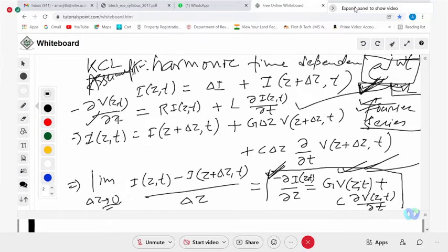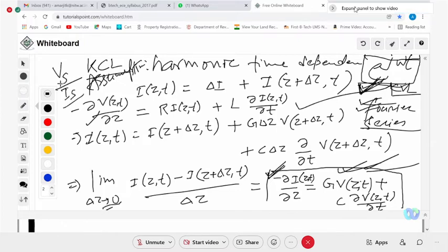In phasor form it will be only a function of z. So it will become an ordinary differential equation, not partial. For voltage and current you have to use this notation: Vs for voltage in phasor form, this is phasor voltage, and Is is phasor current.